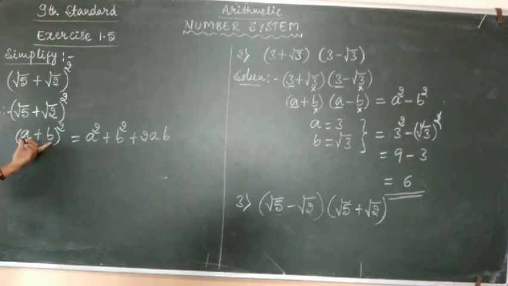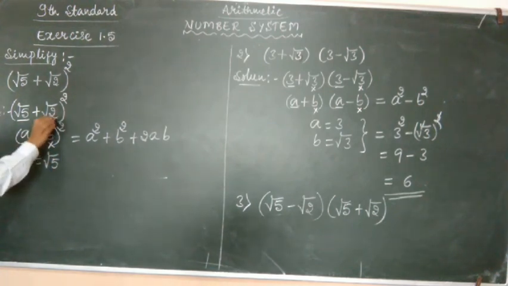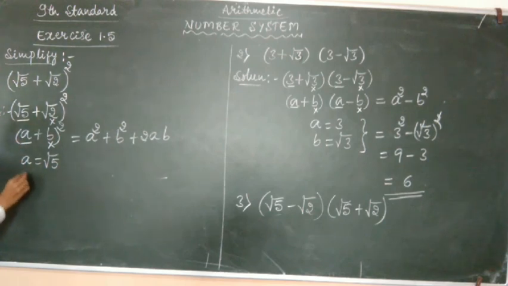If you observe the left hand side of the formula and the problem, you will get a equals root 5, and in place of b it is root 2, b equals root 2.